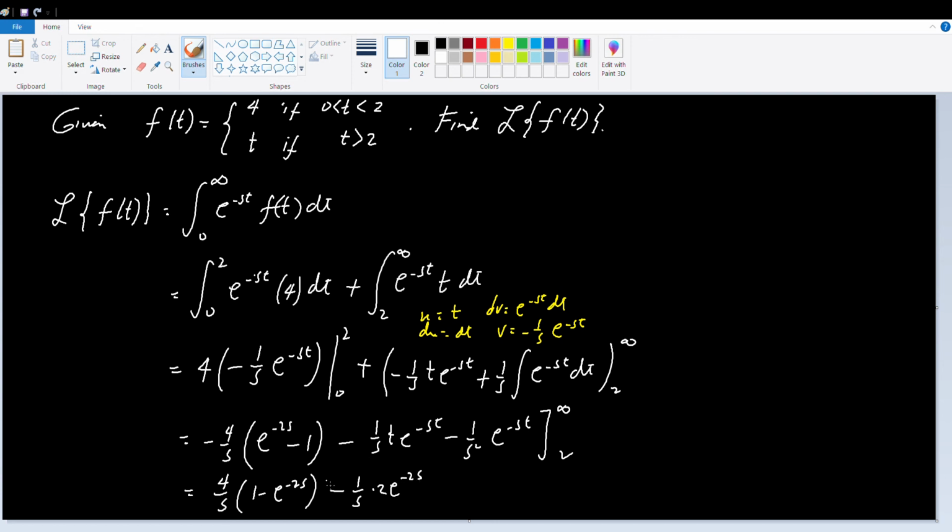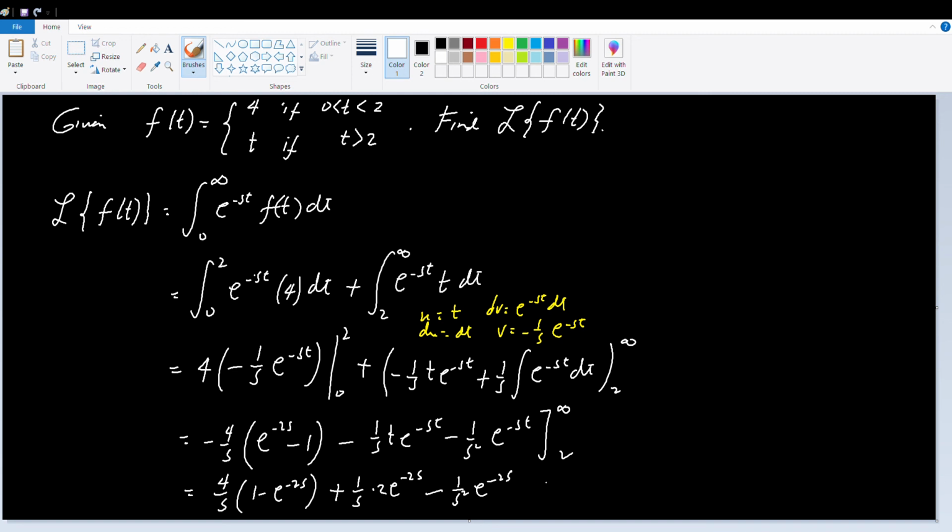So, by the way, it is negative, negative, no? Because we are using the lower limit. So negative, negative, that will be positive. And this one, negative, negative, or minus negative 1 over s squared e to the negative s times 2, or negative 2s. Alright?